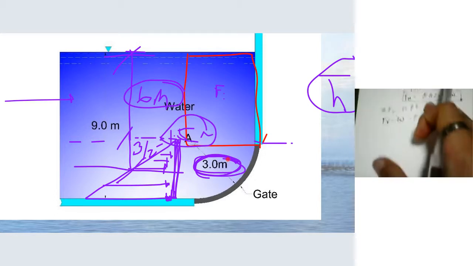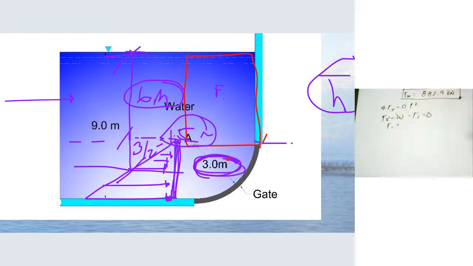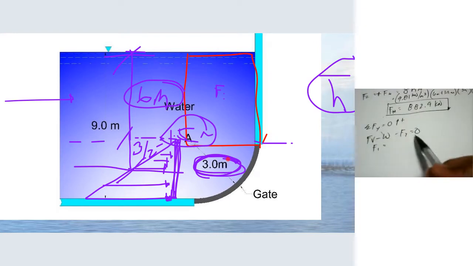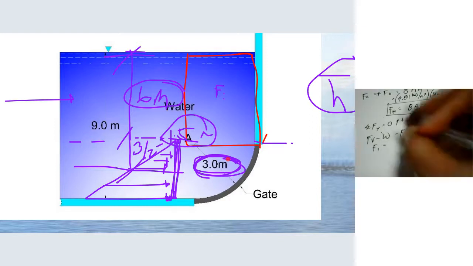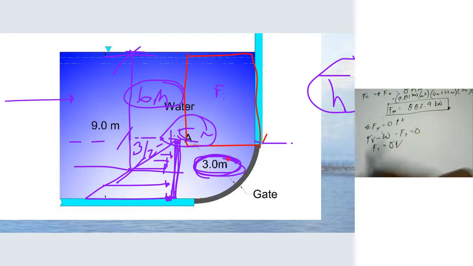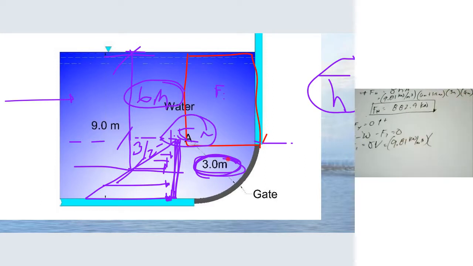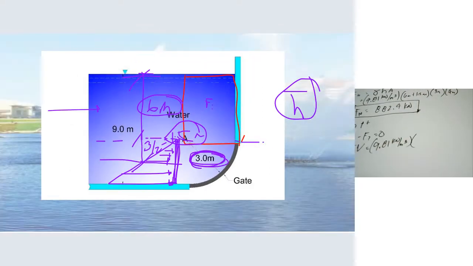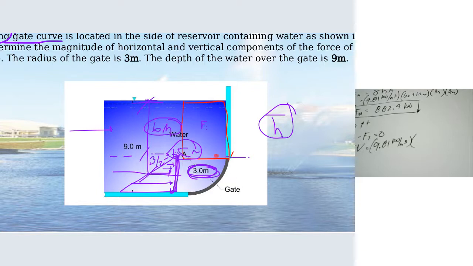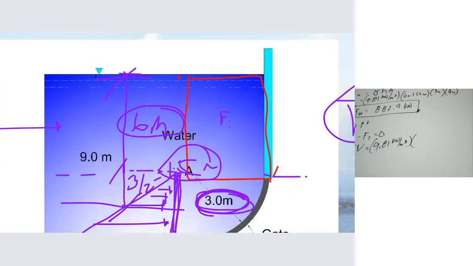So let's compute F sub 1 and W separately. So let's start with F sub 1. So to compute for the weight, since we have the dimensions, we can use this formula, gamma times the volume. So we have unit weight of water to be 9.81 kilonewton per meter cube times. So we have 6 meters by 3 meters.